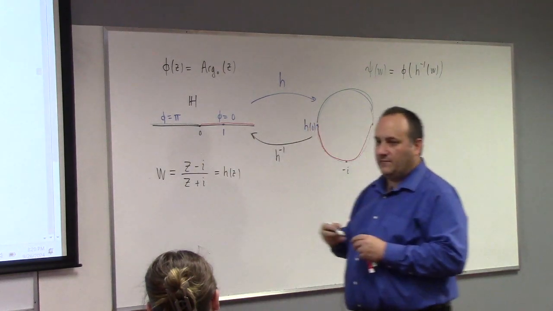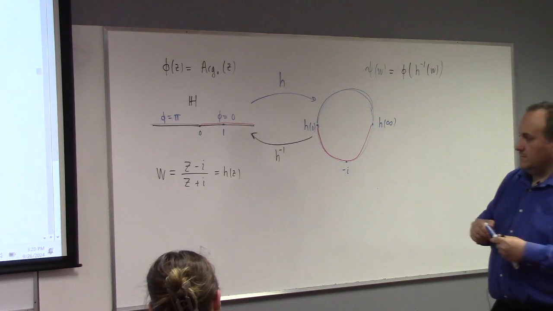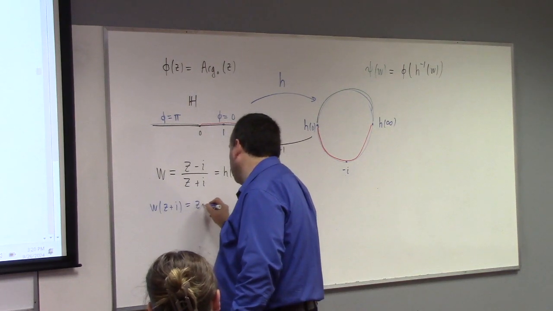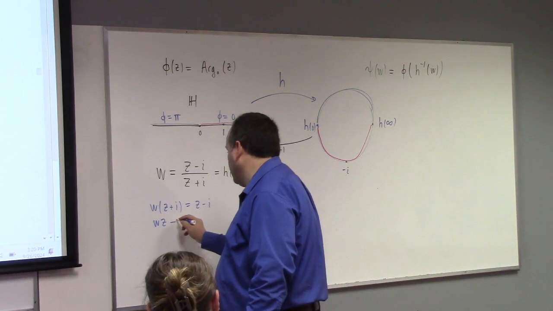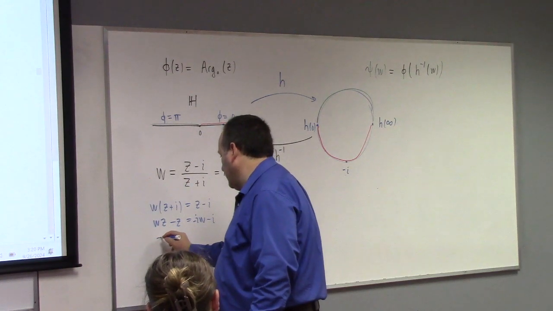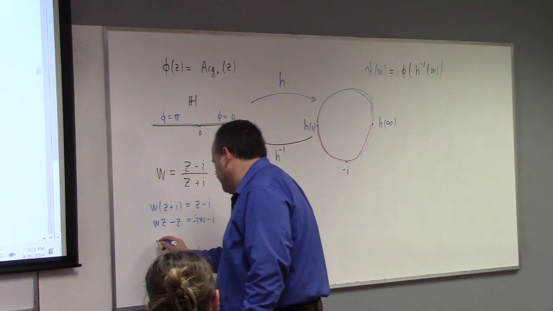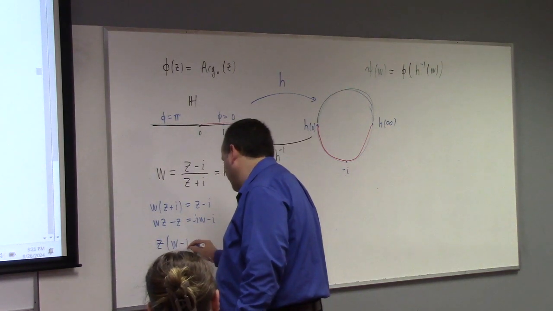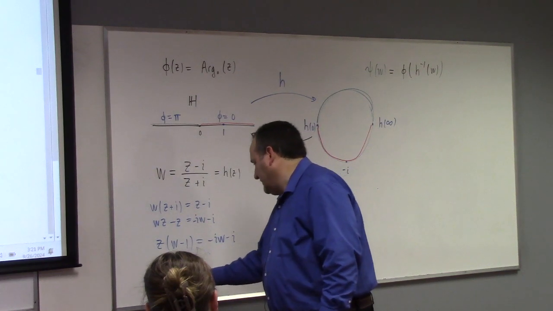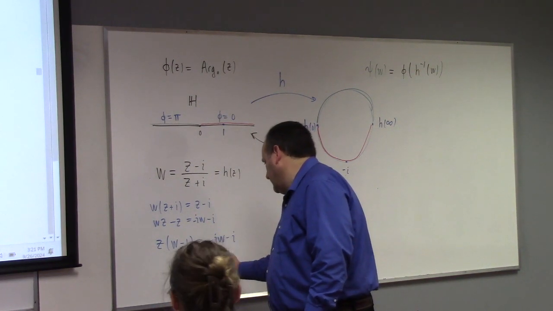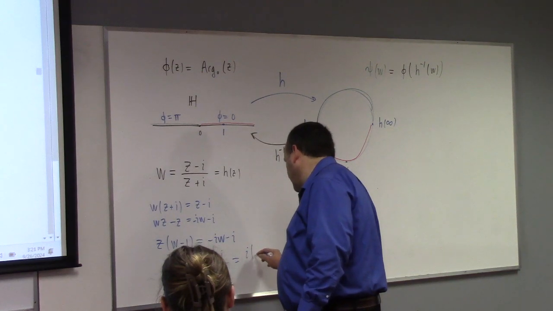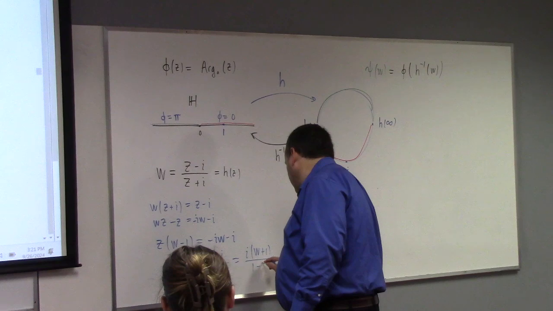Yeah, solve this for Z, and that will find you H inverse of W. So I have W times Z plus I equals Z minus I, which gives me WZ minus Z is equal to minus IW minus I, which gives me Z times W minus 1 is equal to minus IW minus I, which gives me Z is equal to IW plus I divided by 1 minus W. Or if you like, I times W plus 1 divided by 1 minus W.